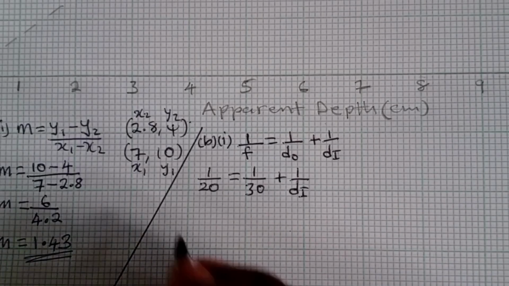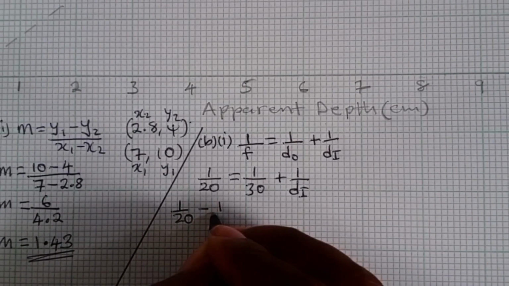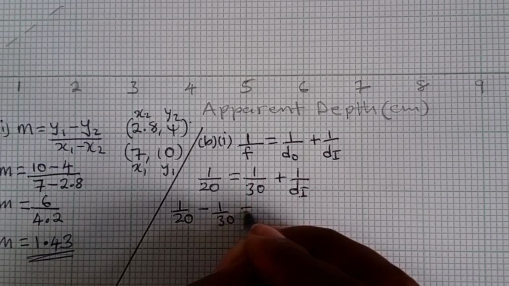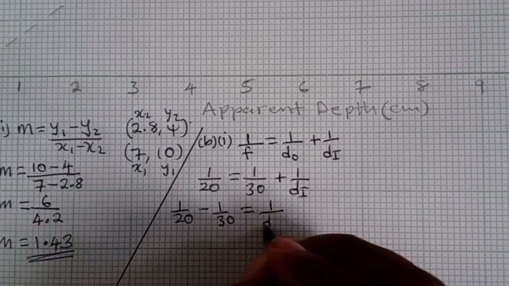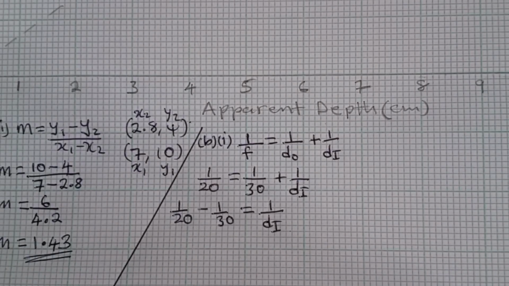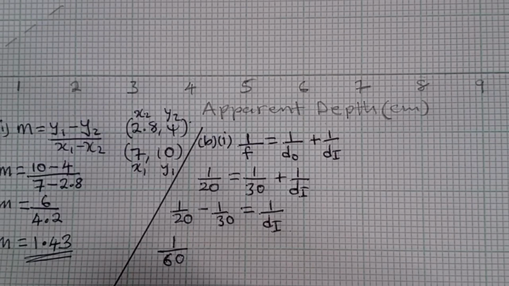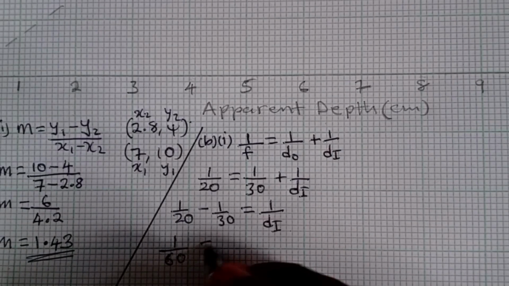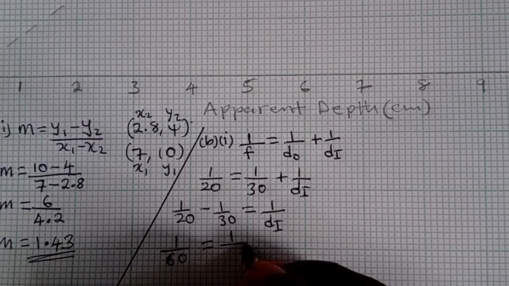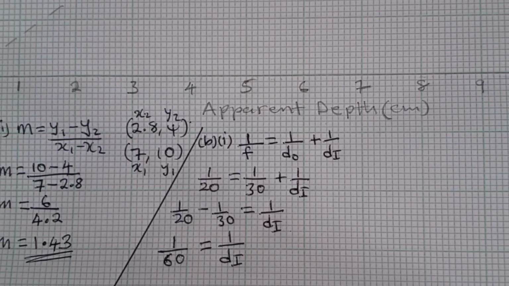From there I'll collect the like terms. 1 over 20 minus 1 over 30 is equal to 1 over distance of the image. So we have 1 over 60 is equal to 1 over distance of the image.